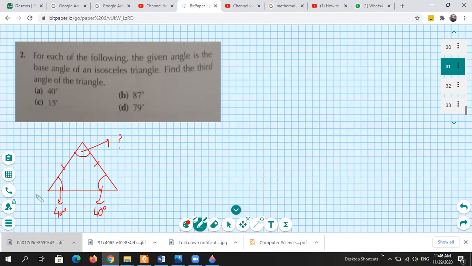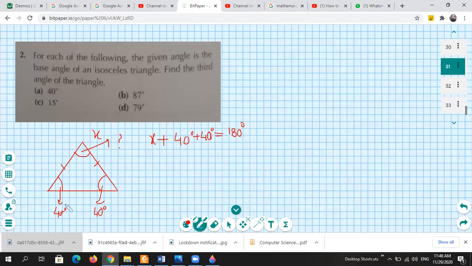So again, suppose this angle is X. Then we can write that the sum of all the angles equals 180 degrees. It means X plus 40 plus 40 equals 180 degrees.